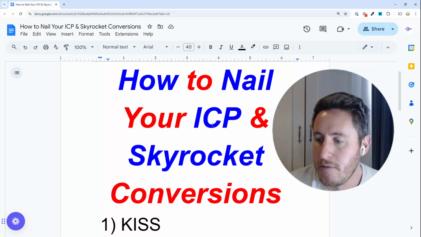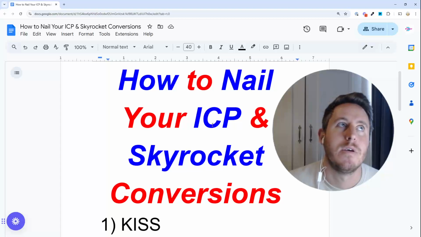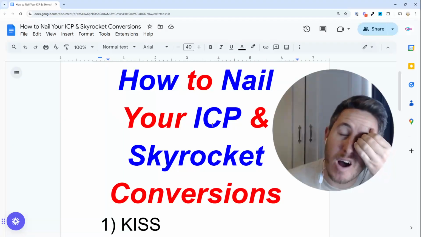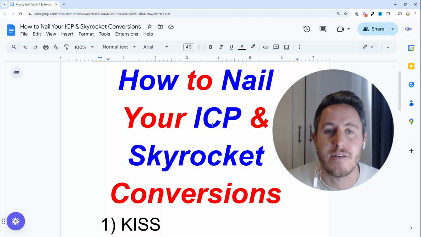So, for example, I've been working with a B2B platform who targets, how to describe it, senior leaders, operational leaders or owners of large commercial property portfolios.